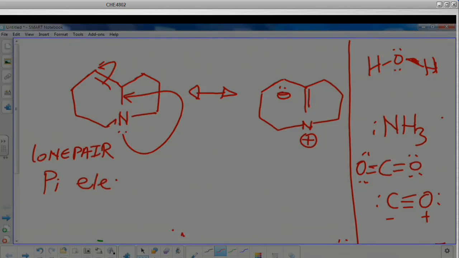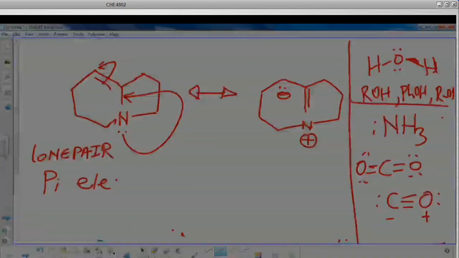Any atom, you must listen carefully. This relates to alcohols, phenols, and partly carboxylic acid, or ether and carboxylic acid. And any nitrogen-containing group is based on ammonia. So in all cases, if nitrogen has one lone pair, it remains neutral.